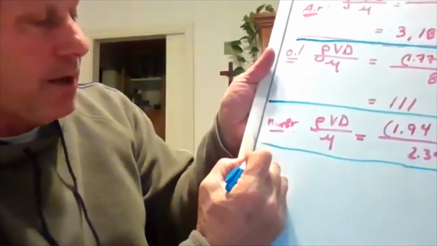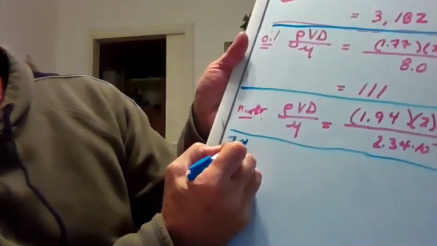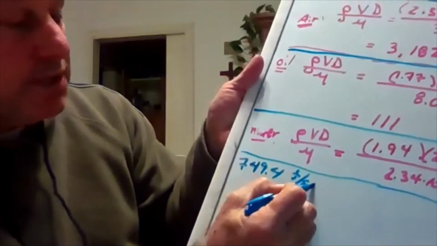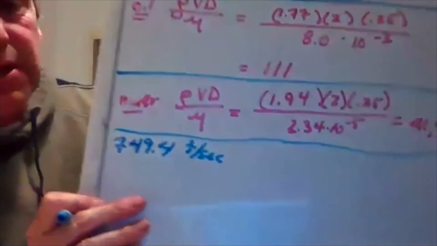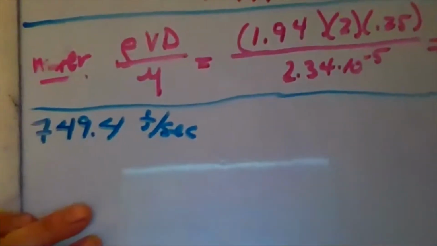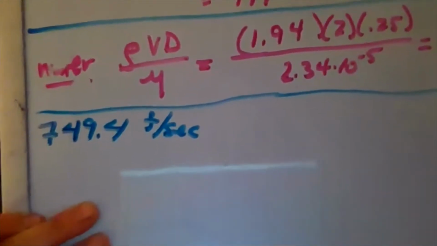I'll write the number down: oil at 749.4 feet per second, which may seem unbelievable, but there's a point to the calculation. So go ahead and calculate the Reynolds number if you put oil at 749.4 feet per second through a 3-inch pipe.